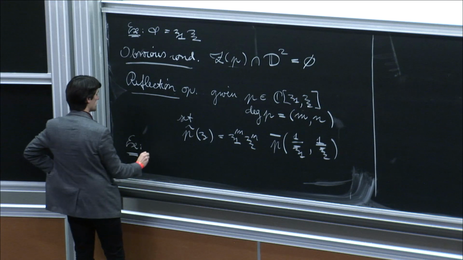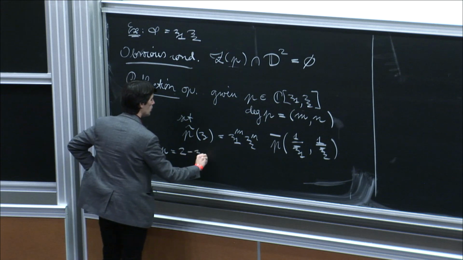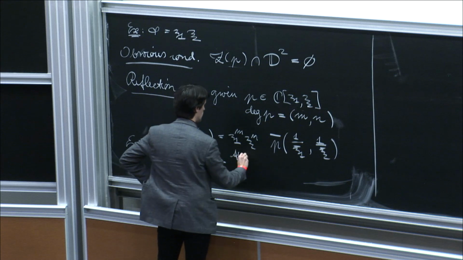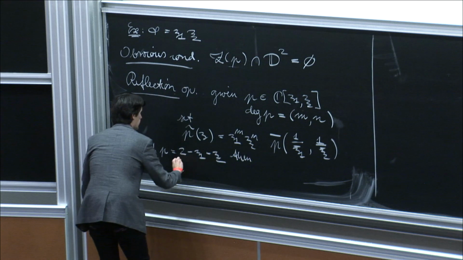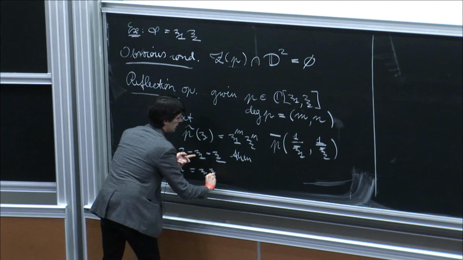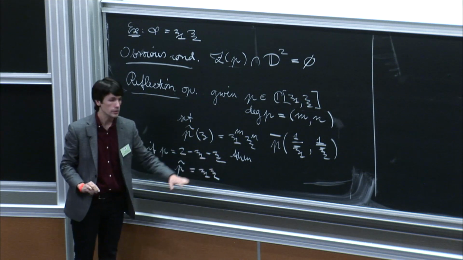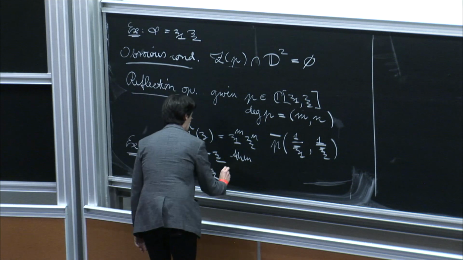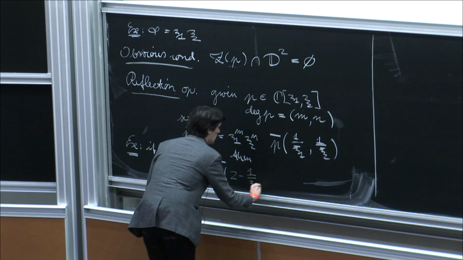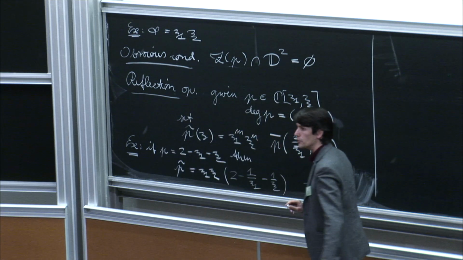So let me give you an example. So if I start with the polynomial 2 minus z1 minus z2, then what is the reflection polynomial? Well, it's going to be degree 1 since this polynomial is degree 1 in both variables, I need to multiply by z1 times z2, and all the coefficients of this polynomial are real, so I'm just going to get this expression.